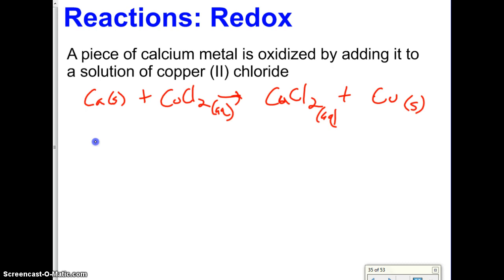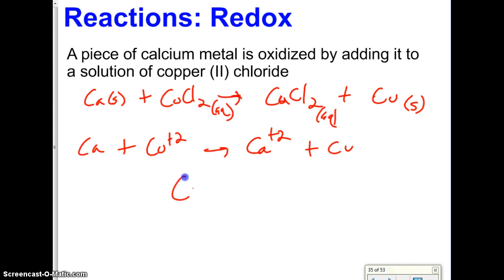So from there we can write our net ionic equation, which is going to be calcium plus copper plus 2, forming calcium plus 2 and copper metal. So that is what we're looking at for our net ionic equation. The only thing that's going to cancel out is our chlorine. So from there we write our half reactions, which is going to be calcium forming calcium plus 2 ions, copper plus 2 forming copper.